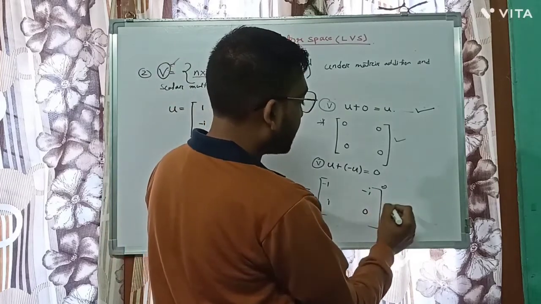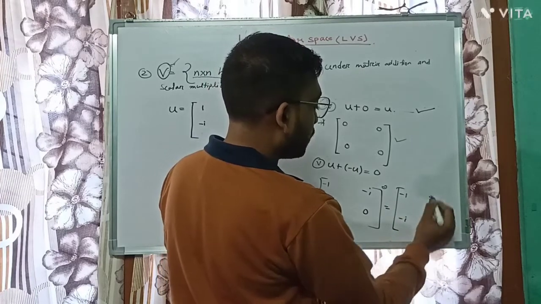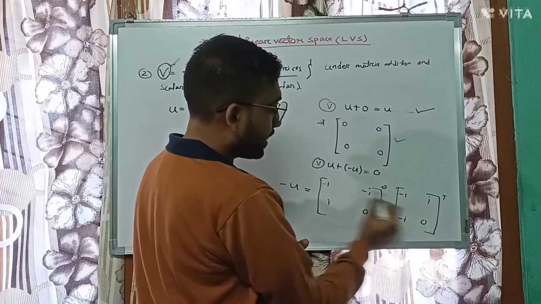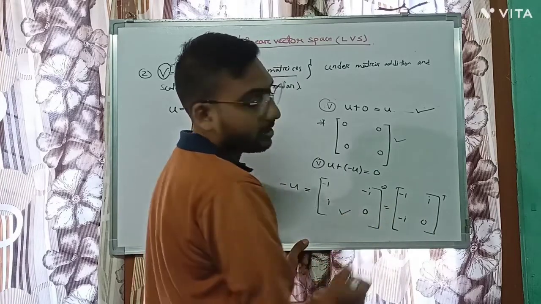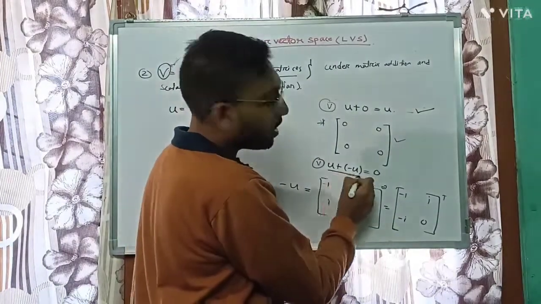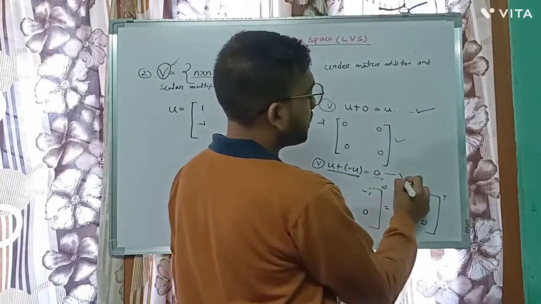I have to take its conjugate. Its conjugate results in minus 1, i, minus i, 0. After taking its transpose, I will get minus 1, minus i, i, 0, that is this vector. So minus u is also Hermitian, and the addition of these two vectors must result in 0. So this property is also satisfied.